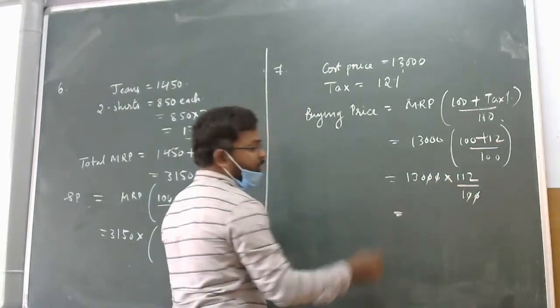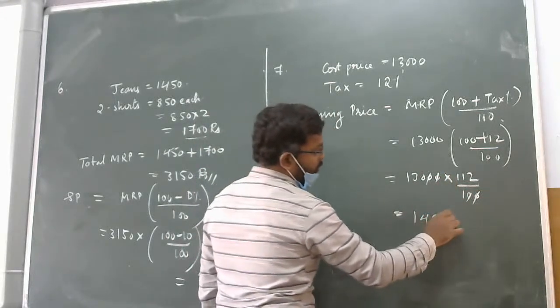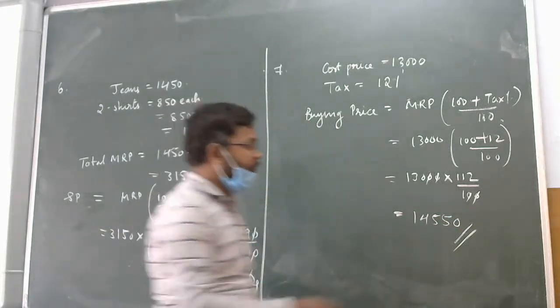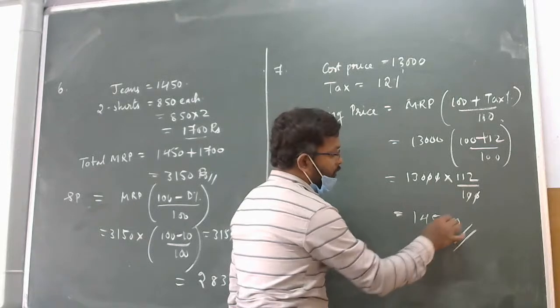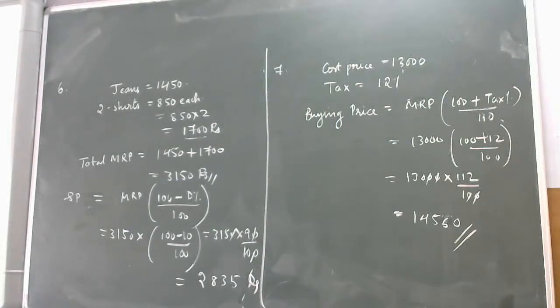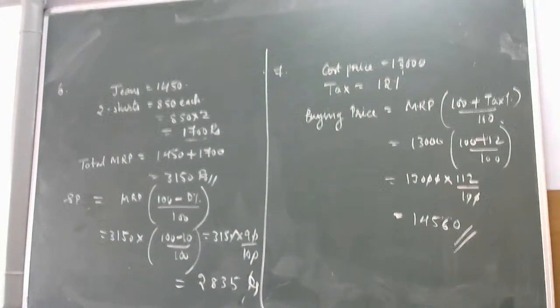So how much will you get? 14,560. So you have to pay 14,560. Just remember, whenever they are given discount, you have to reduce it, the selling price should be less, and whenever they are adding tax, it should get increased.